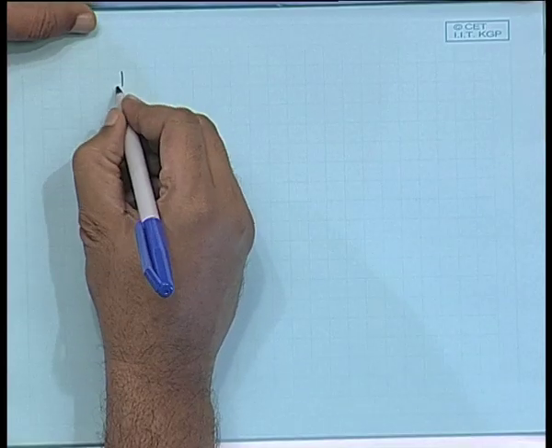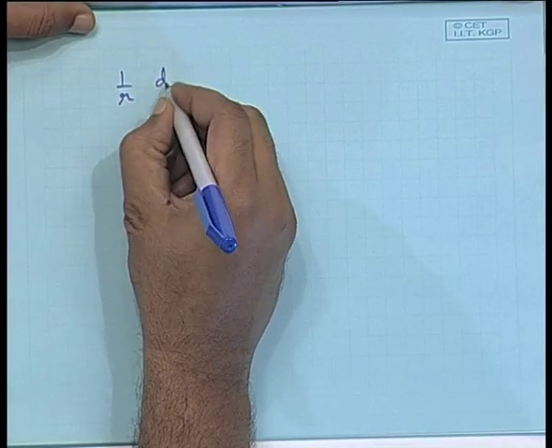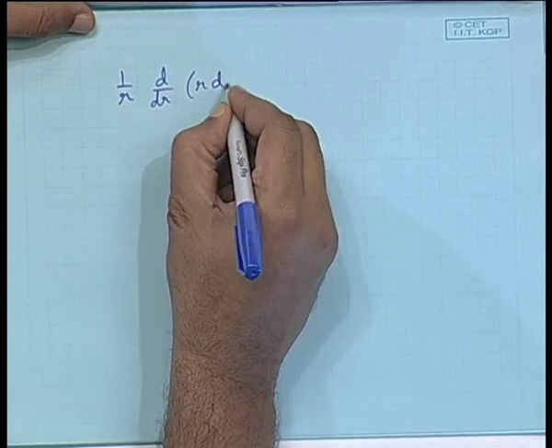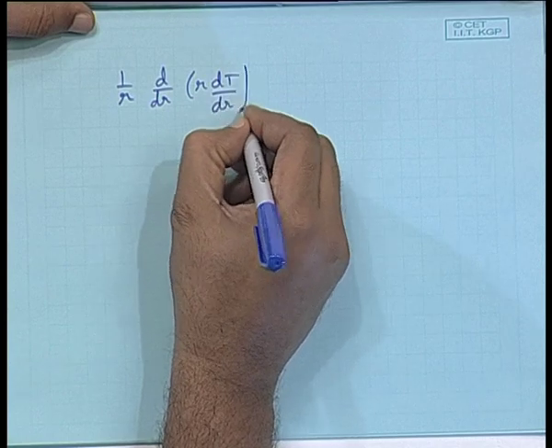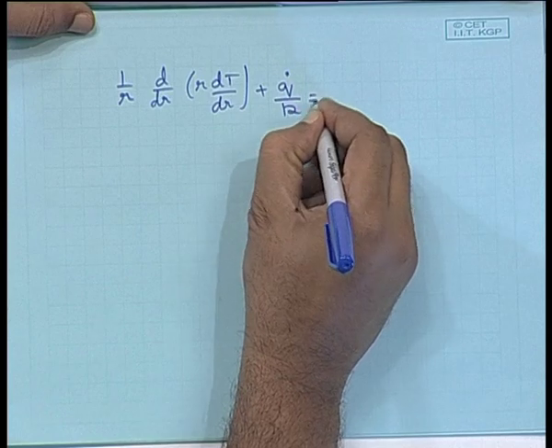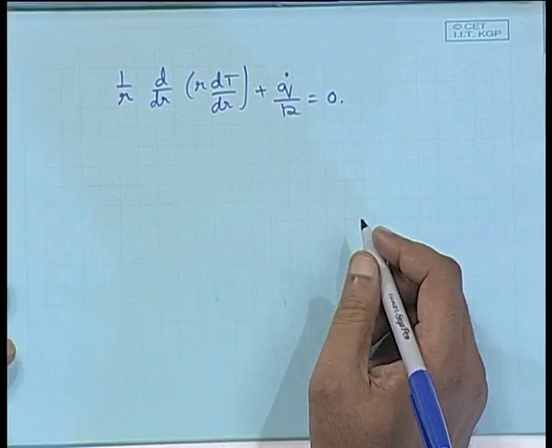Now, if you write the heat diffusion equation in cylindrical coordinates with no variation of T with theta and z, but with generation of heat, the form of equation would be something like this. So, it is one dimensional heat conduction with generation for a cylindrical fuel element, similar to what we have before.